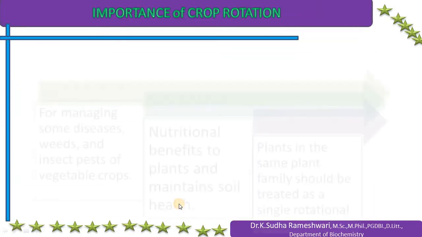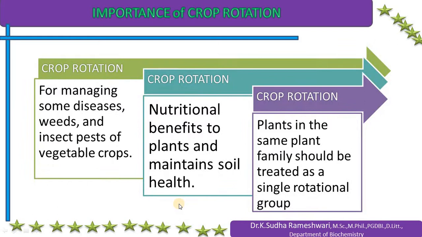Next is the importance of crop rotation. Crop rotation is an important strategy for managing some diseases, weeds and insect pests of vegetable crops. Rotating crops also provides nutritional benefits to the plants and maintains soil health.